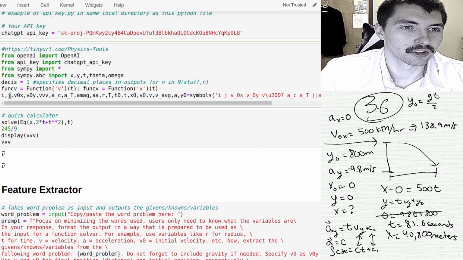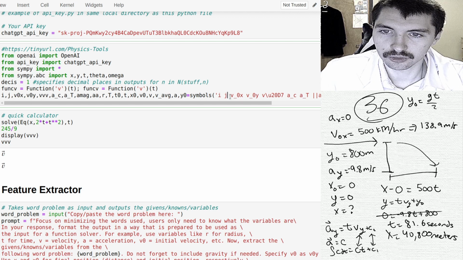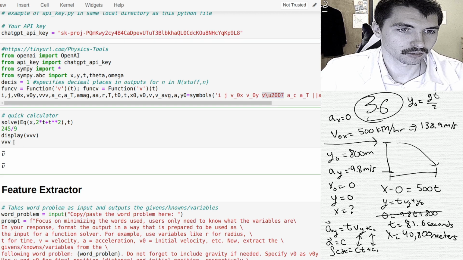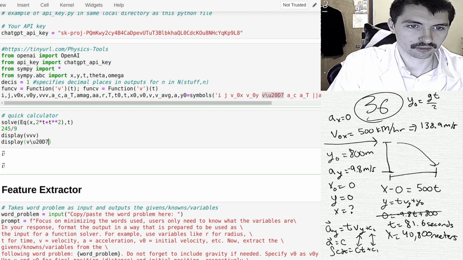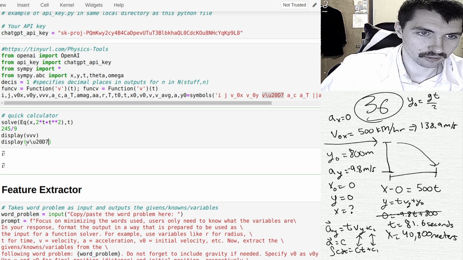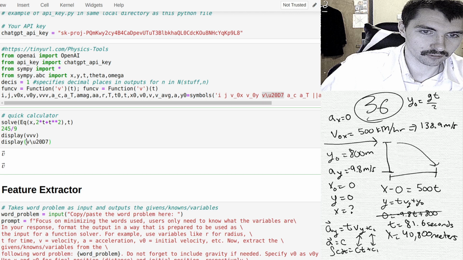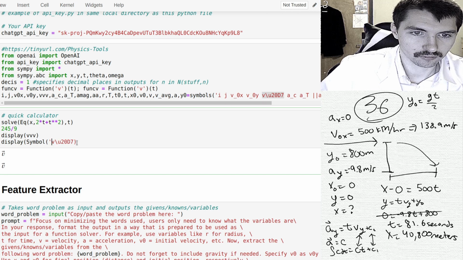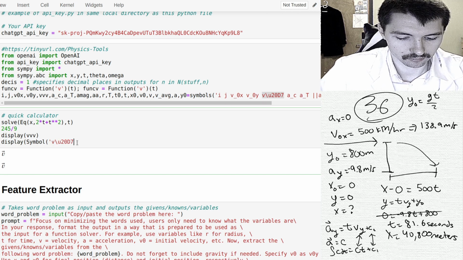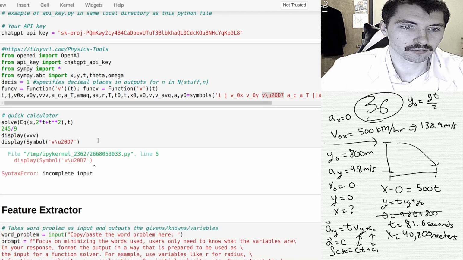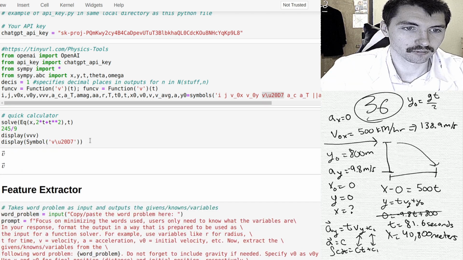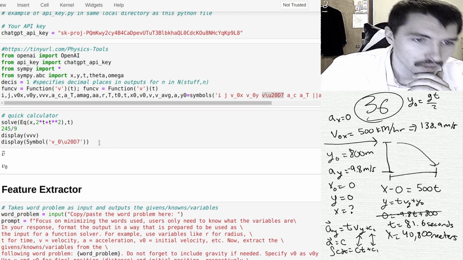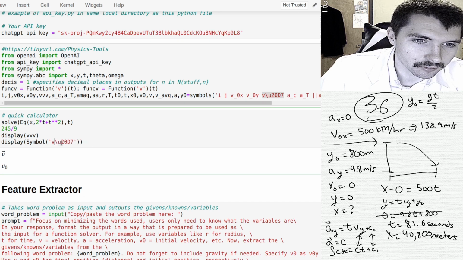Okay, so 1, 2, 3, 4, 5. Display a V naught. See what I mean?